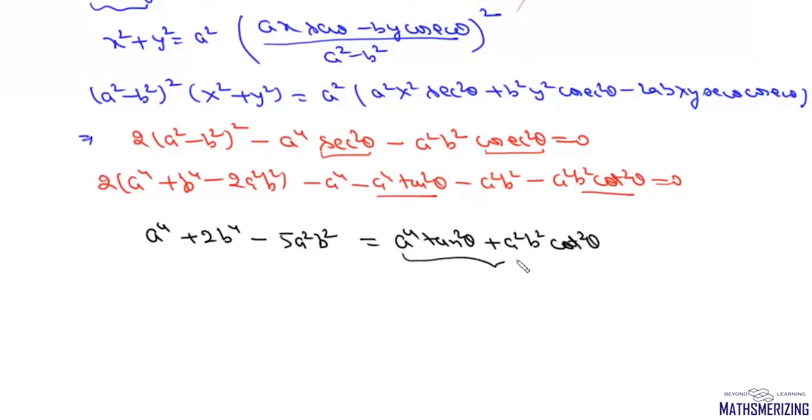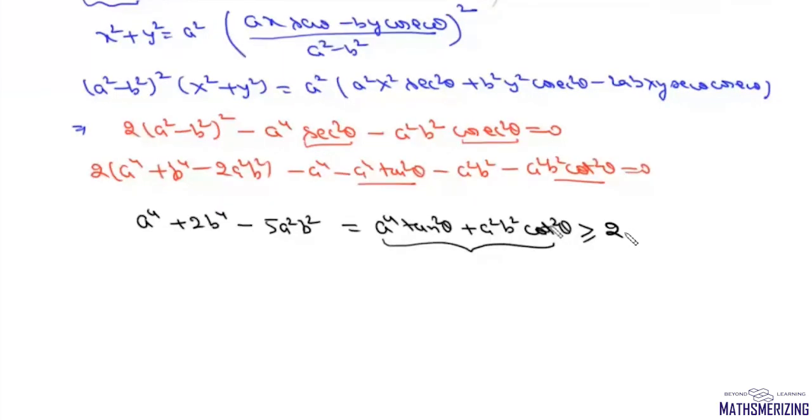Now for this expression we'll use AM and GM. So we know that the arithmetic mean is always greater than or equal to the geometric mean. So this expression will always be greater than or equal to 2 times its geometric mean, which is the square root of a to the power 4 tan square theta into a square b square cot square theta. Now tan theta into cot theta will be 1.